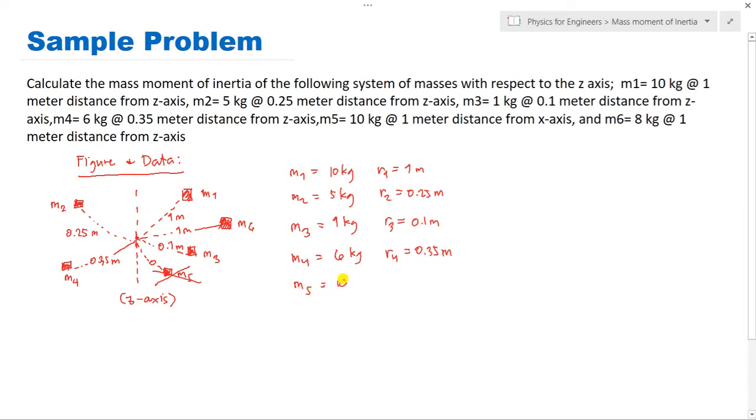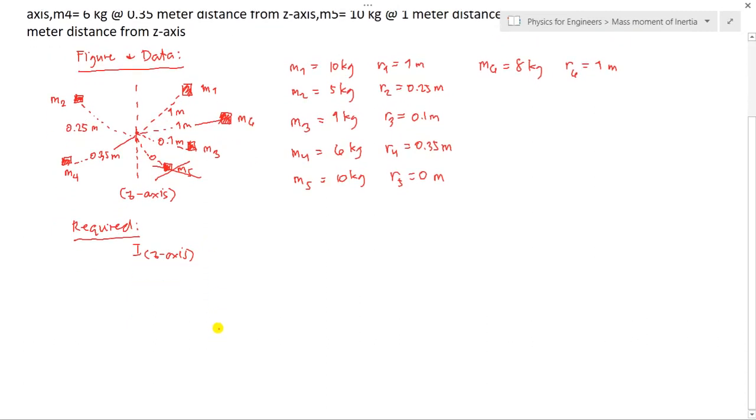Mass 5 is 10 kg, and since it has no distance from the z-axis, R5 equals 0 meter. Then mass 6 is 8 kg, and R6 equals 1 meter from the z-axis. Required: we are going to find the mass moment of inertia along the z-axis of this given system of masses.